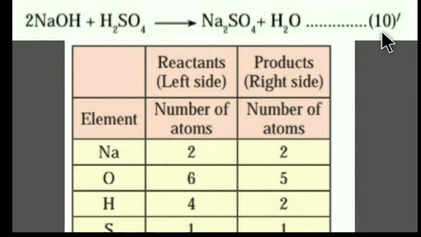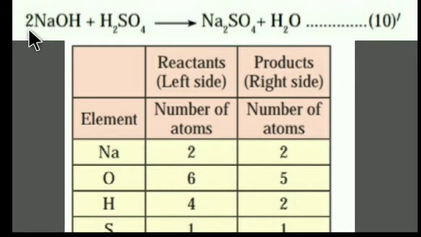Let us see the elements in that reaction. Na: on the left side the number of atoms of Na is 2, and on the right side also 2. This factor is for Na, oxygen, and hydrogen also. Then what about oxygen?